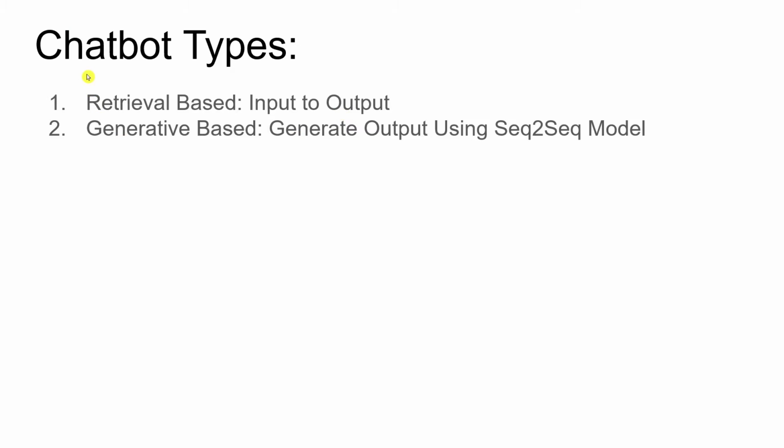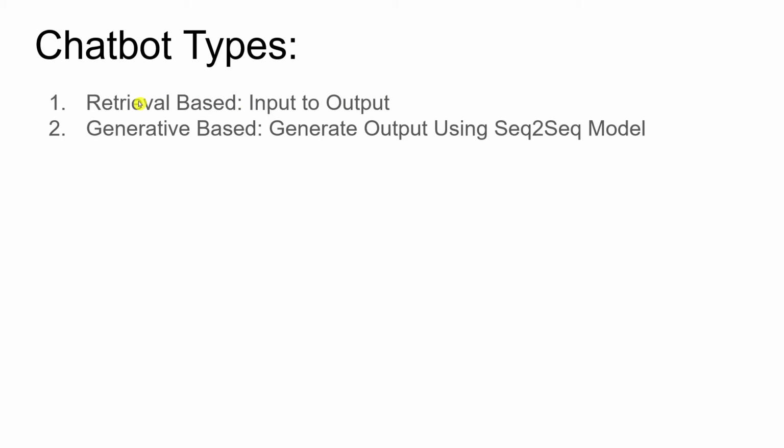First, let's see what kind of chatbot we are creating. First we have retrieval based chatbots, and then we have generative based chatbots. In retrieval based chatbots, an input is mapped to an output. The model is trained on thousands and thousands of statements and their responses.